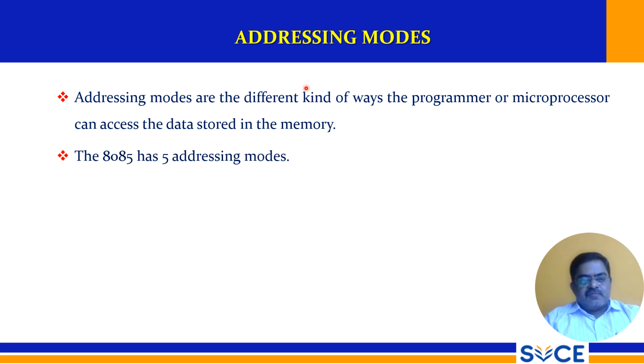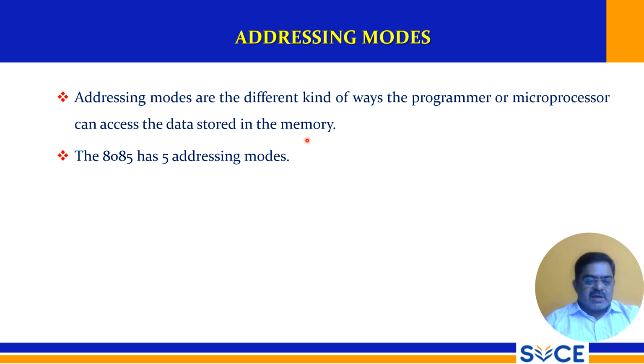Addressing modes are different ways the programmer or microprocessor can access the data stored in the memory. It is similar to an address. A person is located in a house, so that house address should be known to us in order to meet him.